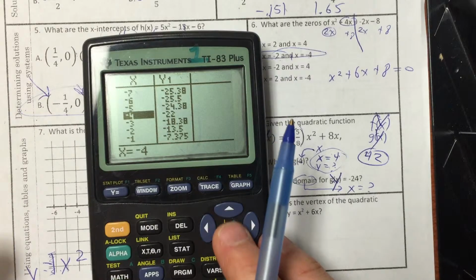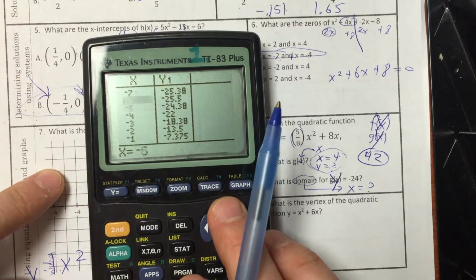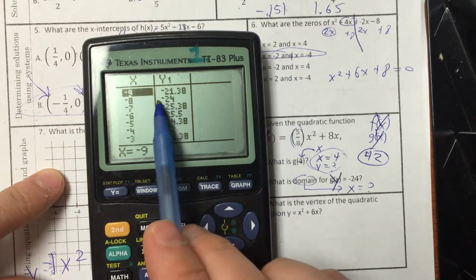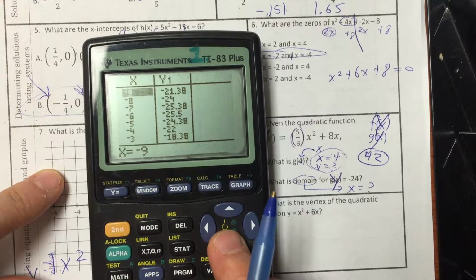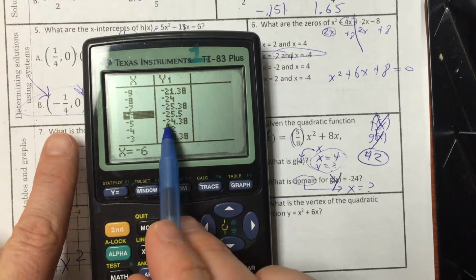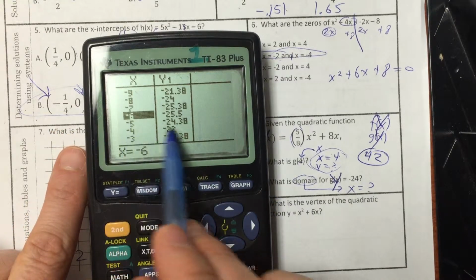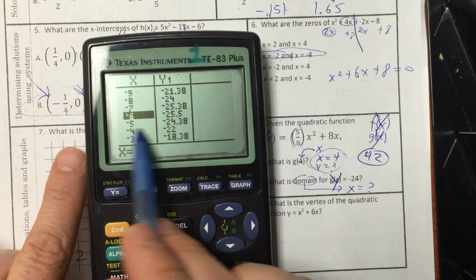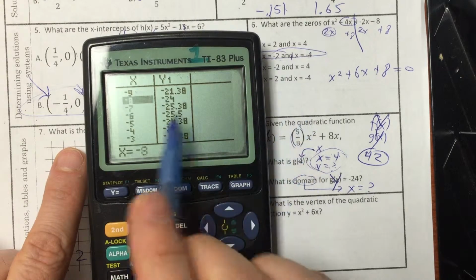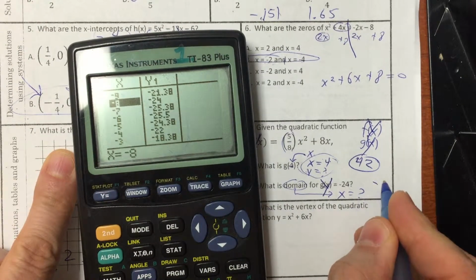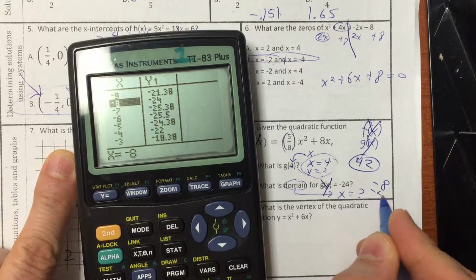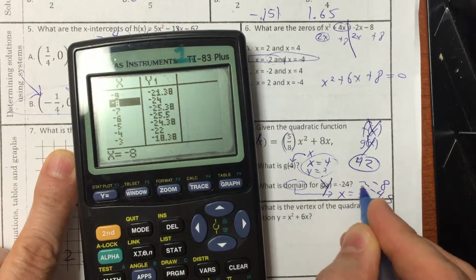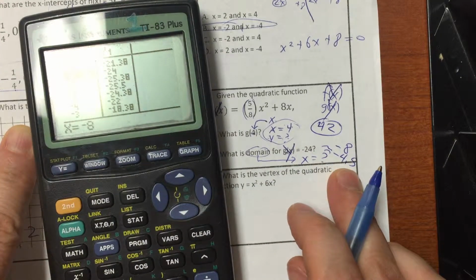But there might be another one. Remember, there's always two y's. Let's keep looking. There's another negative 24. So actually, there's two possible answers for this one. There's probably a decimal answer right here, somewhere between negative 4 and negative 5, and then there's another answer, negative 8. Okay, so I'm going to say approximately negative 4.5 for the second answer. Okay, so there we go.